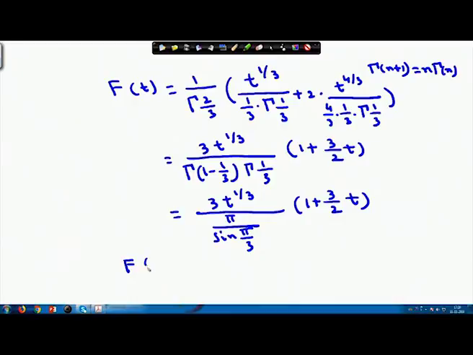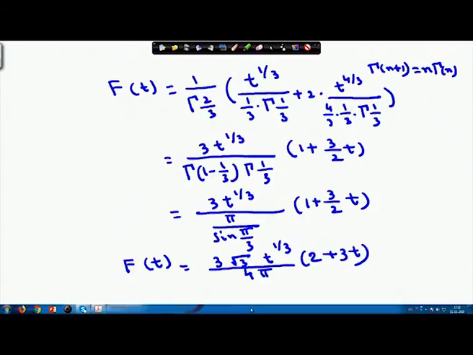So, ultimately you can write down f(t) equals 3 root 3 t to the power 1/3 by 4 pi after substituting the value of sin(pi/3), into (2 plus 3t).